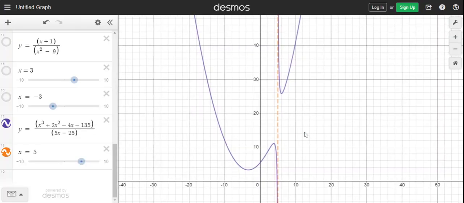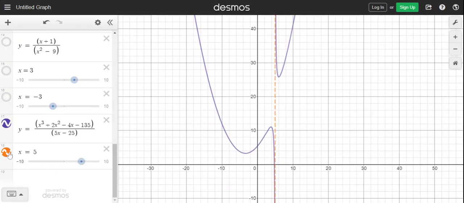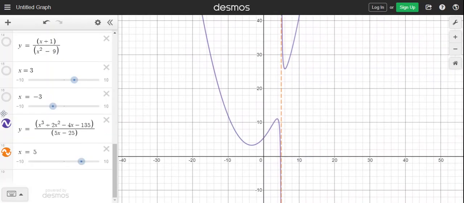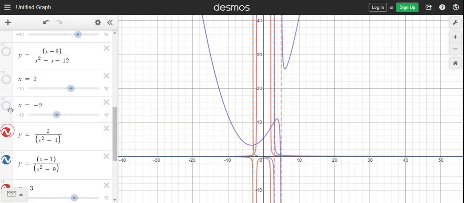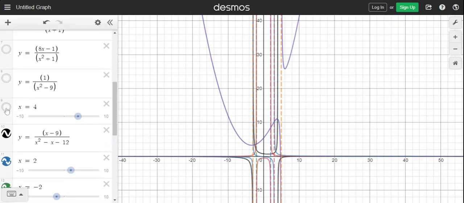So it's very interesting how different these graphs of rational functions are with multiple situations. Sometimes we have one vertical asymptote, sometimes 2, sometimes 3, sometimes even no vertical asymptotes. Sometimes we do have oblique asymptotes, sometimes we don't. So you see that there's all sorts of possibilities out there for all these functions. Let me just, out of curiosity or perhaps for fun, turn everything on and let's see what happens.